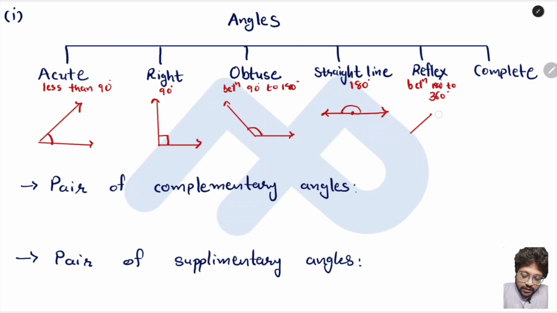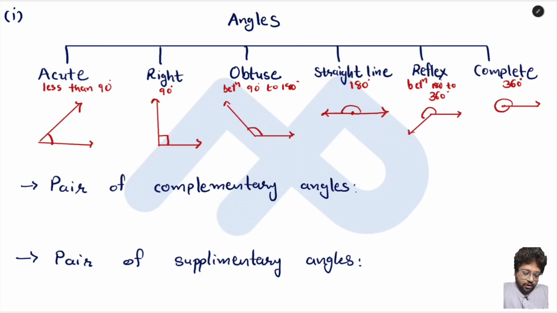So it looks like this, and this outer angle is a reflex angle. And then there is a complete angle. Complete angle means 360 degrees. So it's just one ray and this whole angle is 360 degrees. That's a complete angle. So this was the classification of angles. You must have learned about it in your primary grades. It's just the revision of that.